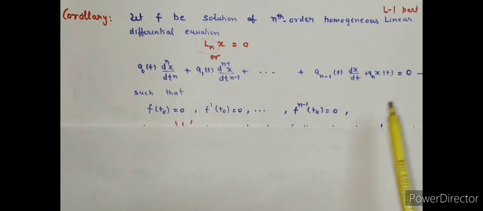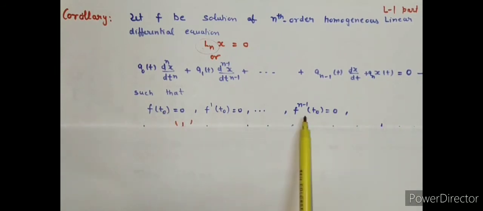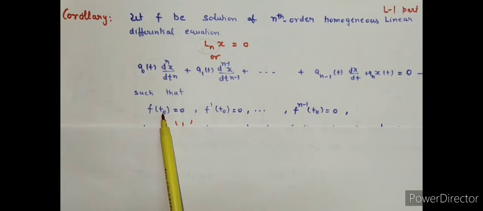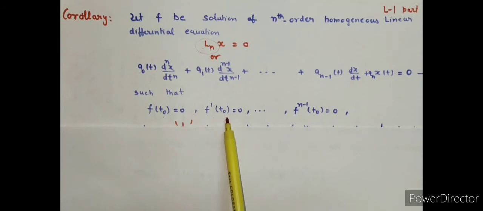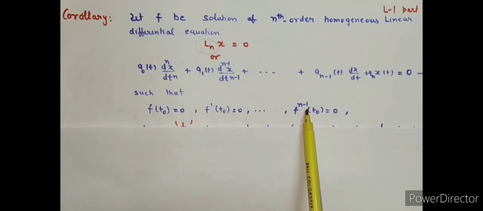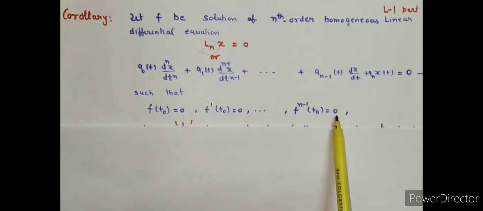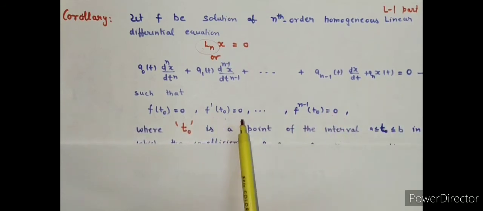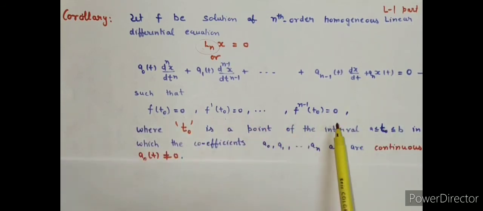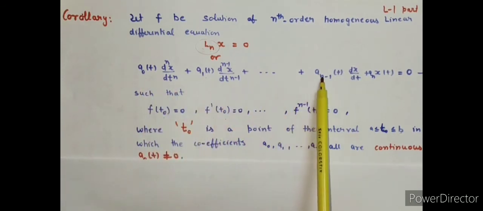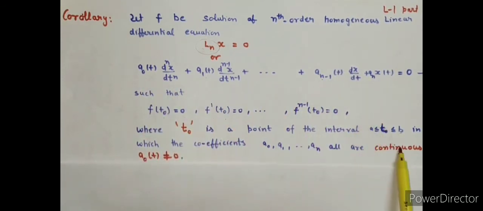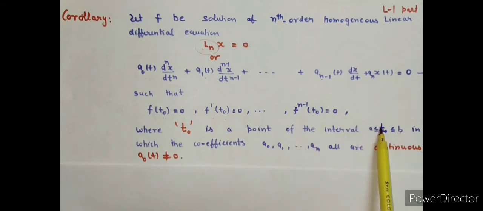Now if this function satisfies these n conditions: the function value at t naught is equal to 0, the derivative at t naught is equal to 0, and the n minus 1th derivative of this function at t naught is equal to 0, where this t naught belongs to the interval a to b, and all these coefficients a naught, a1, up to an minus 1, an, are continuous functions in this interval, and a naught is not equal to 0.